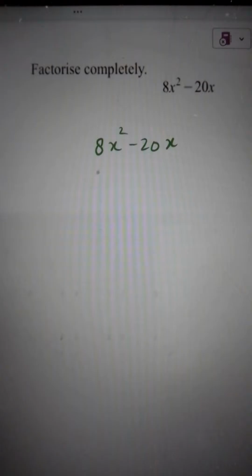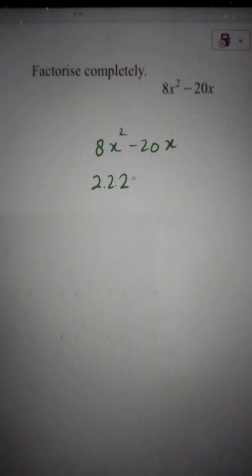8 can be written as 2 multiplied by 2 multiplied by 2, and 2x are there. Minus 20 can be written as 2 multiplied by 2, 4, multiplied by 5, and only 1 x. So we can identify the common value. This 2 is common with this 2, this other 2 is common with this 2, and this x is common with this x, so we write them outside.